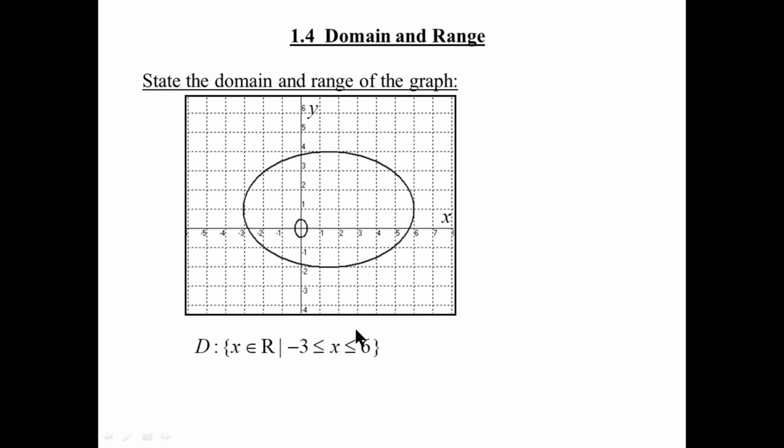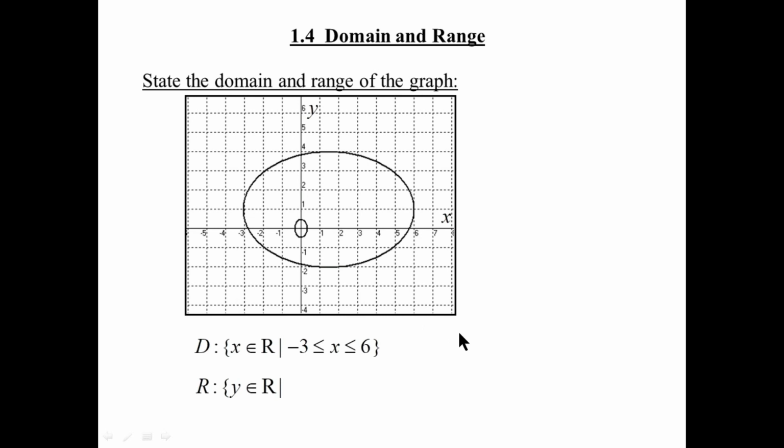That's the domain. The range, we do the same thing with the y value. So we see that the lowest y value is -2, while the highest y value is 4. And so we say the range is the set of y is in real numbers such that. That's what all these symbols mean. You just have to get used to it, and it's really pretty simple. Y is in real numbers such that, and in conversation we'd say y is in between -2 and 4.